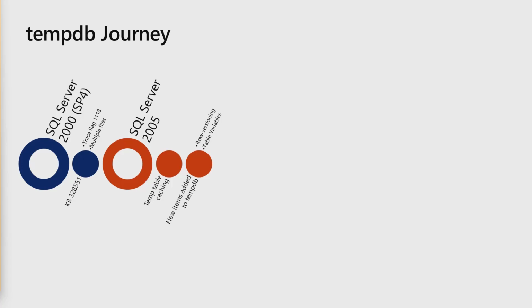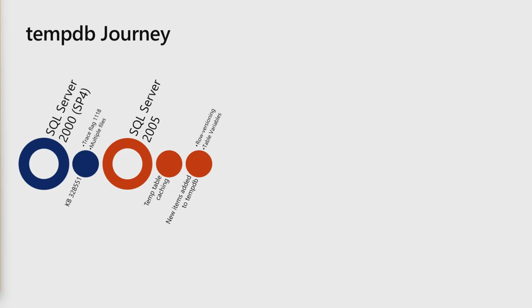We keep a cache of all the temporary objects that are used through a stored procedure, and then we reuse the metadata for those objects when you call the same stored procedure and use the same temp table again. So with temp table caching, we have fewer hits to the metadata, and we're able to alleviate some of that metadata contention.